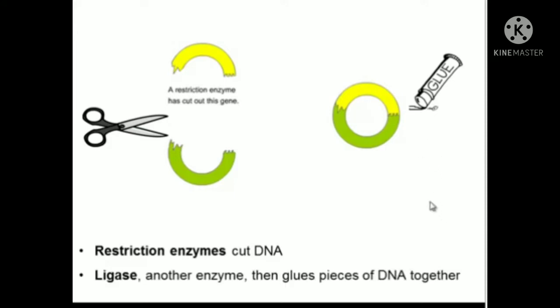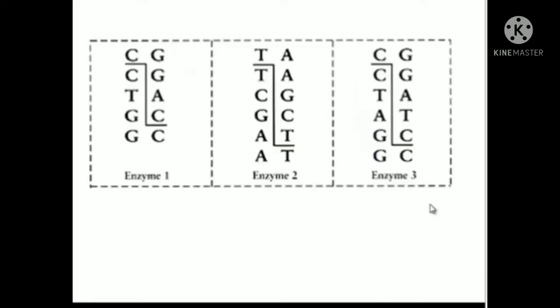Now let's explore restriction enzymes in a little more detail. There are many different restriction enzymes, thousands, and each enzyme is specific for a particular DNA sequence. So this restriction enzyme will only cut DNA when it sees the sequence CCTGG. This enzyme will only cut DNA when it sees the sequence TTCGAA.